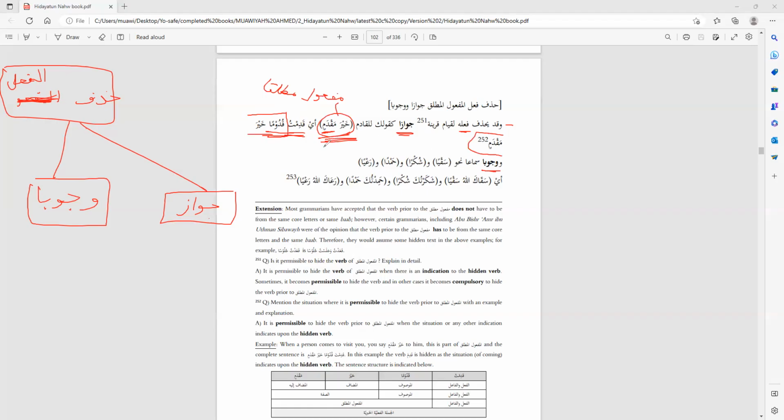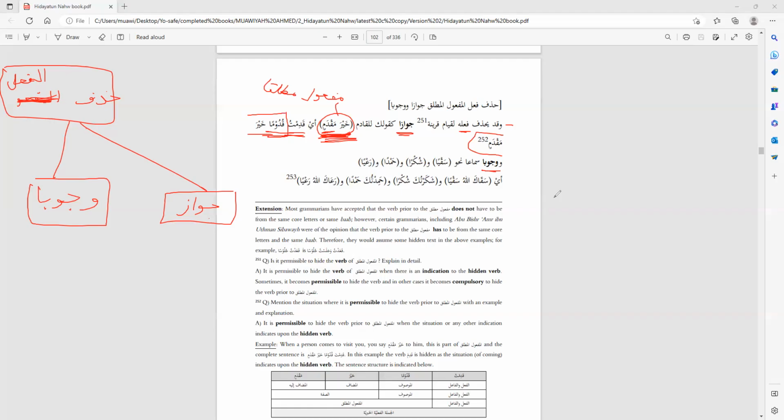If you look at the table underneath, qadimtu is the fa'il, quduman is the mawsuf, khayra maqdamin, mudaf and mudaf ilayh, is the sifa. The mawsuf and sifa together, the full thing, is the maf'ul mutlaq. So what happened here was not only the fi'l dropped, part of the maf'ul mutlaq was also dropped, because there was an easy sign that you can work out. Arabs, as soon as you say khayra maqdamin, can work out what's before it.